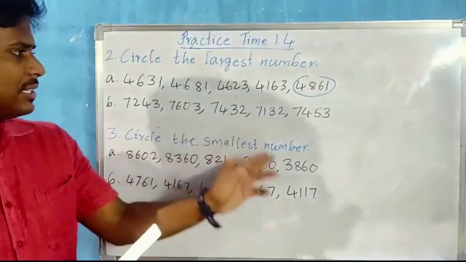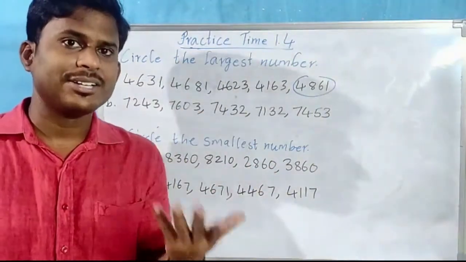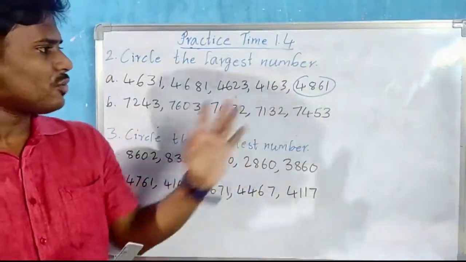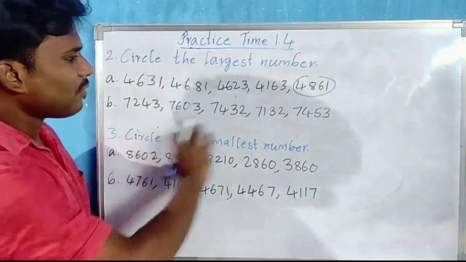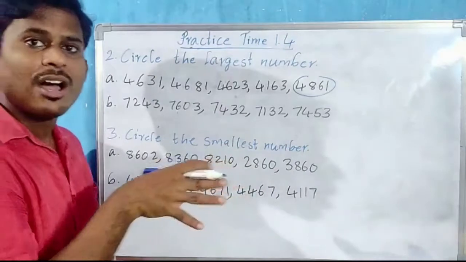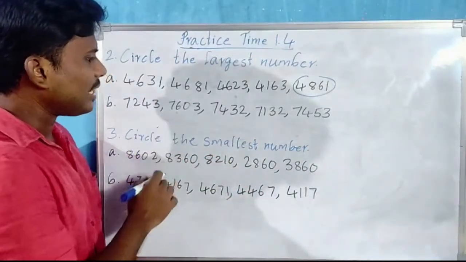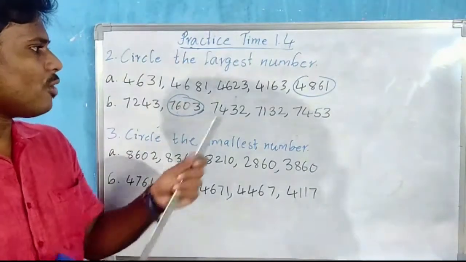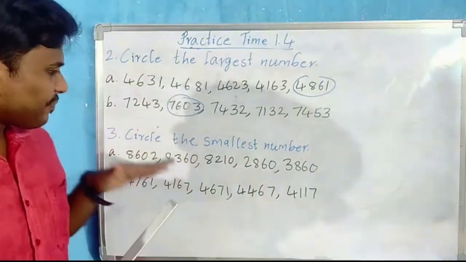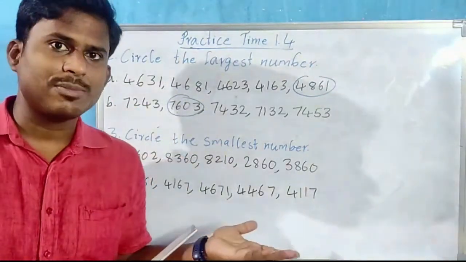Out of these digits, which digit is greater? Which digit is greatest among all the digits? See, 6 is the greatest digit of all the digits in the hundreds place. So when this is greatest, automatically the number will become the greatest number among all these. In the same way, we have to circle the smallest number now.